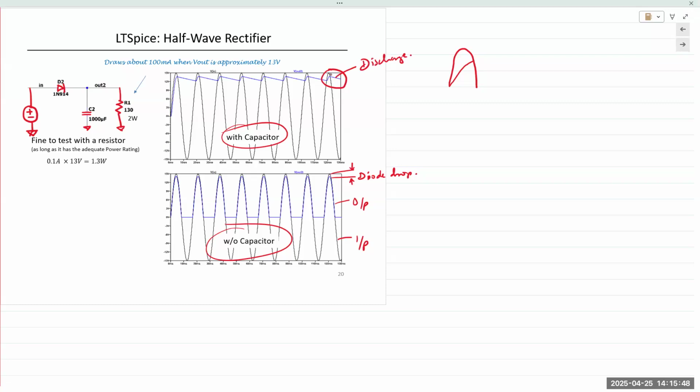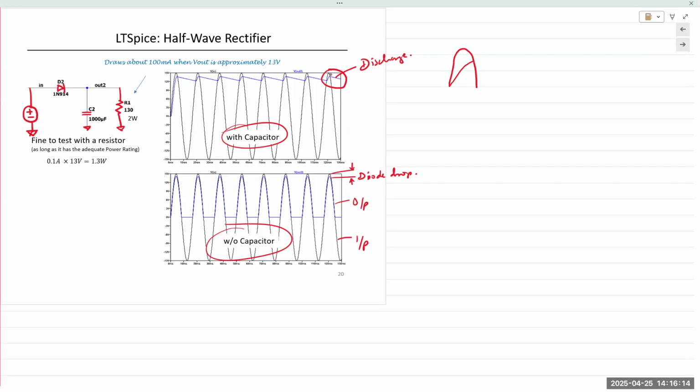Now, the time constant of the discharge depends on the load also, right? Because that's where it's discharging from. It's not going through the diode. It's discharging through the resistor. That's where we are obtaining that waveform. So if your load resistor is very small, your capacitor will be able to discharge far more quickly than if the load resistor is large.